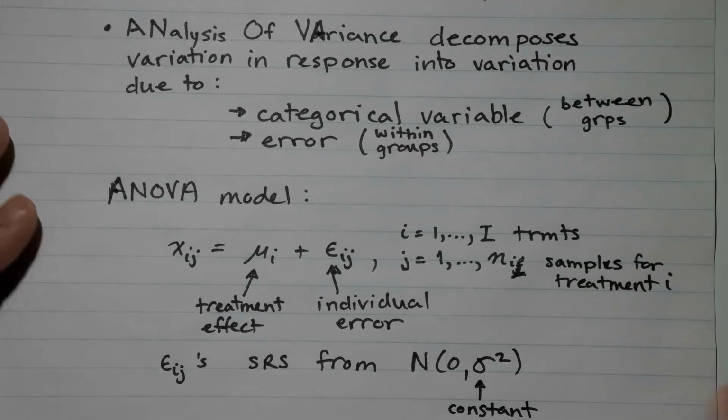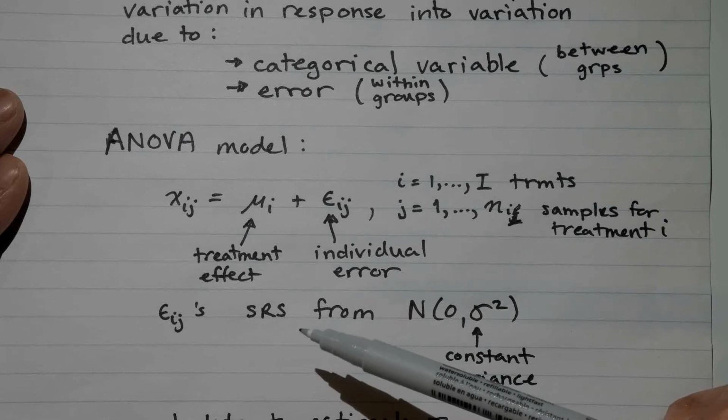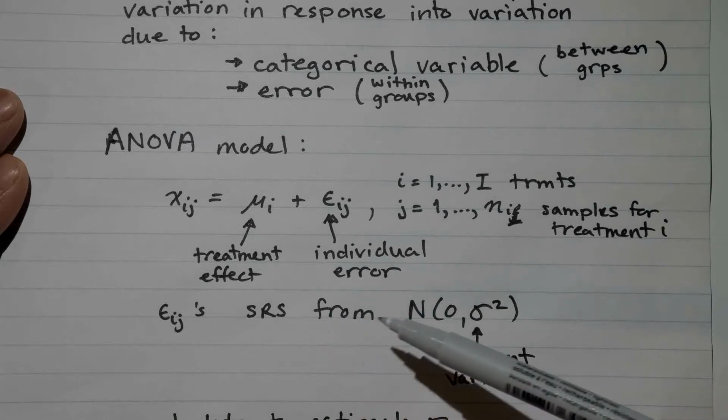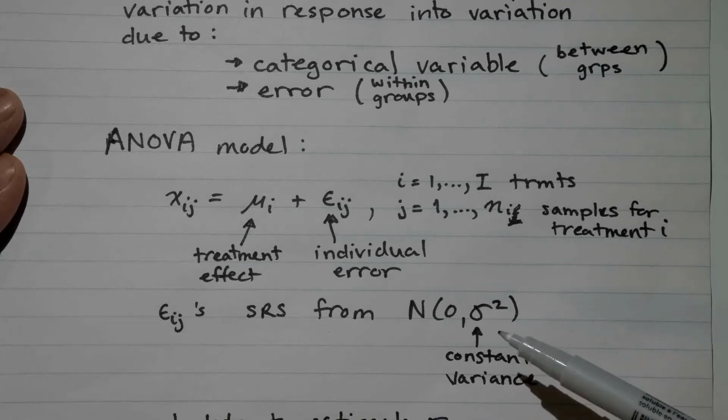Just as in the regression setting, we assume that our errors form a simple random sample from a normal 0 sigma squared distribution. So sigma is constant variance.